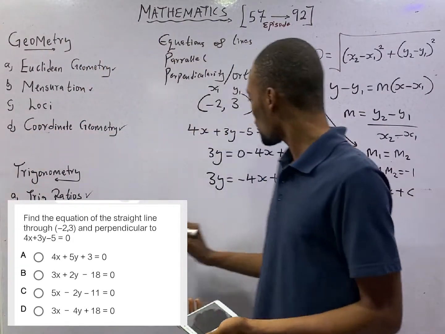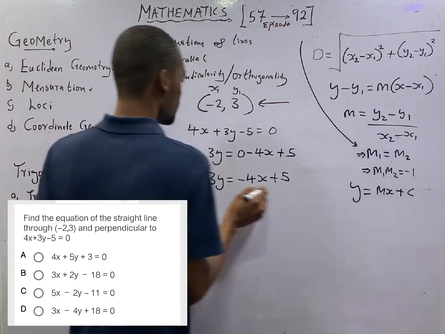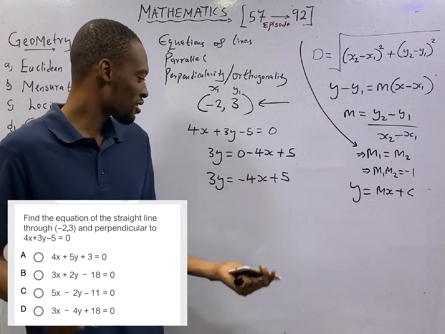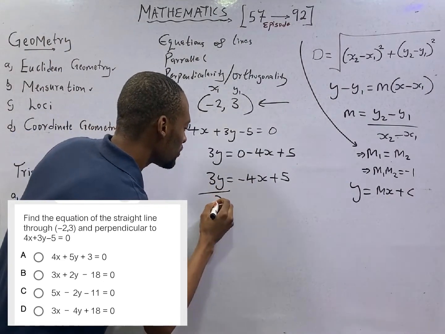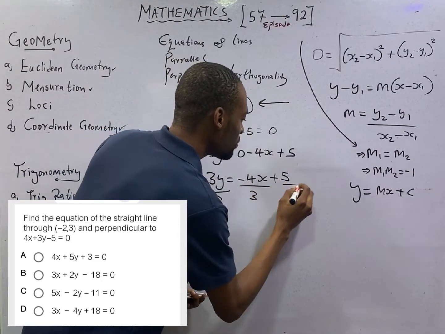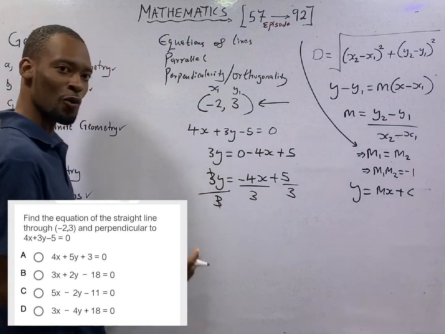And don't forget, I said make y the subject, not 3y the subject. To make only y the subject, we divide everything by 3 so that y stays alone. 3 divided by 3 is 1.